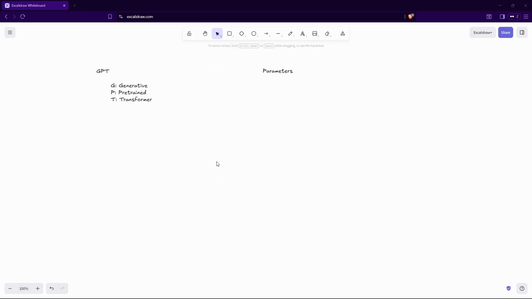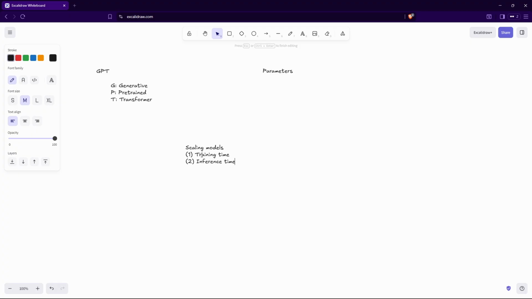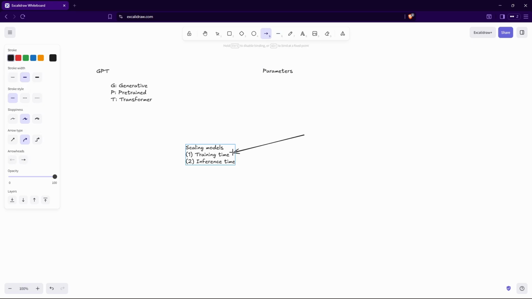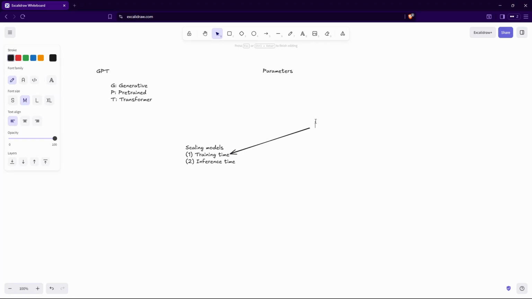Okay, so the second thing we discussed was scaling models. We have one way, which is at training time. Okay, and the second one is inference time. Okay, so training time is before the model is running and people are using it.